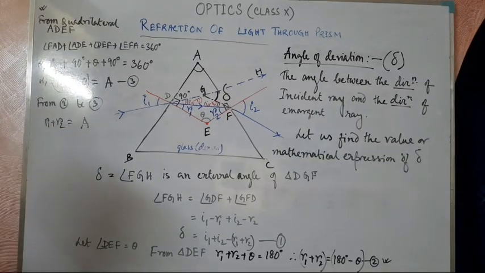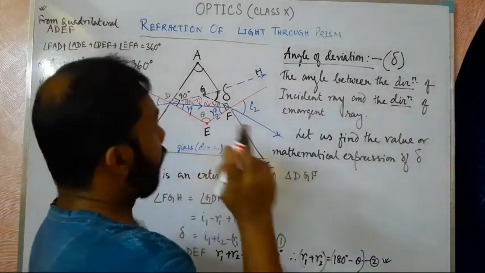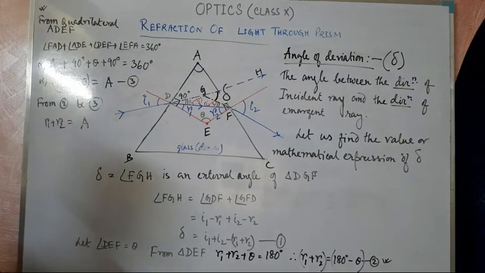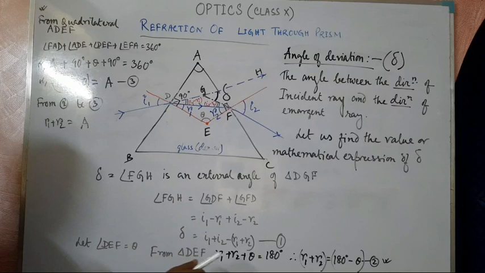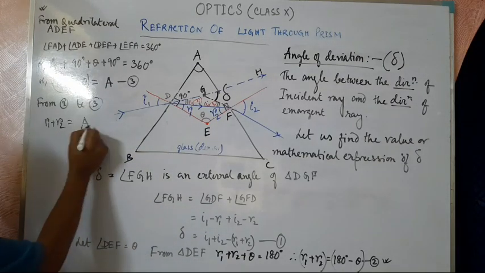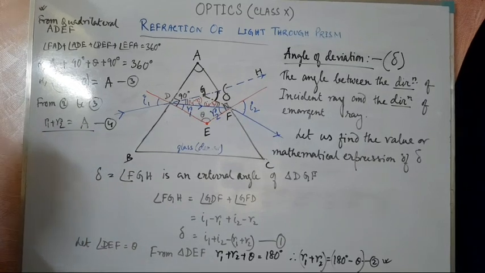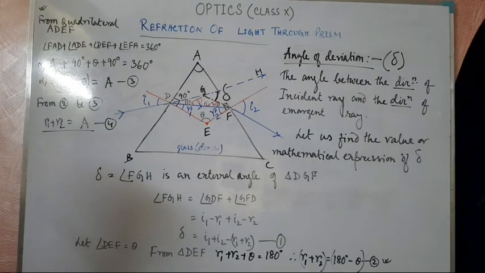The prism angle is a known one. It is provided by the manufacturer of the prism, and it is a very important angle. Why important? Because now, say this is equation 4, putting the value of equation 4 in equation 1, what do we have?